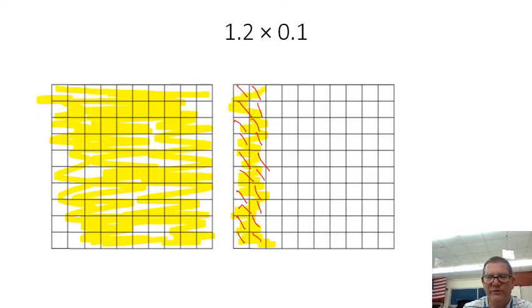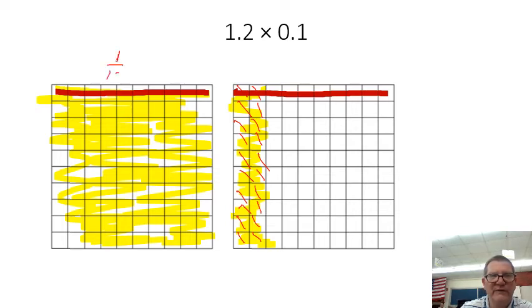Now going the opposite way, if I were to shade 1/10 in all the way across, I can see that I would have interaction between this here, which would be 1/10, and this here, which would be 2/100, because 2 out of 100.